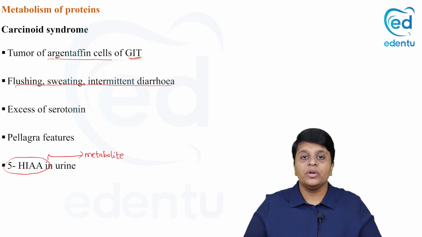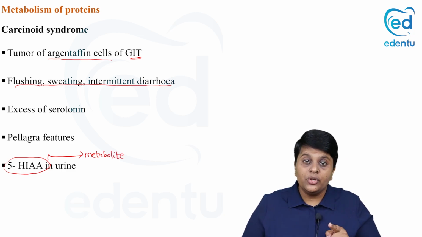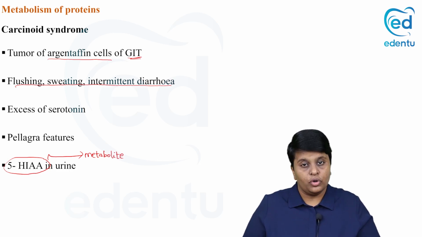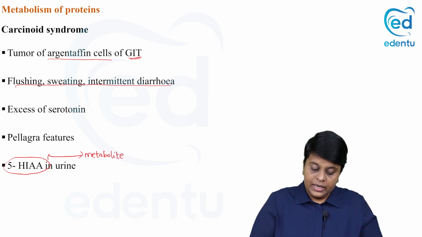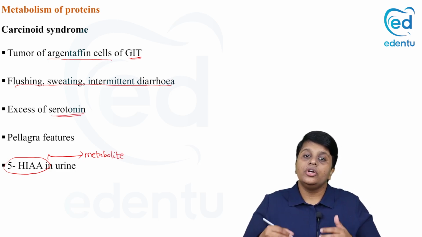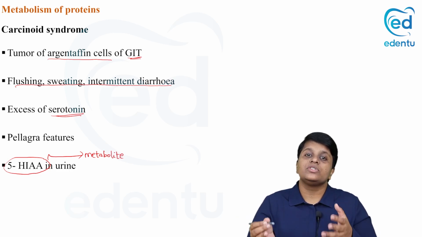So you hope you remember the pheochromocytoma. It's a tumor of adrenal medulla, and vanillyl mandelic acid is a marker for pheochromocytoma. And the same way here, carcinoid tumor or carcinoid syndrome, that is tumor of the argentaffin cells of the GIT. There you have the marker, which is urinary 5-hydroxy-indole acetic acid. And since here again you have excess of serotonin, all your tryptophan goes towards synthesis of serotonin.